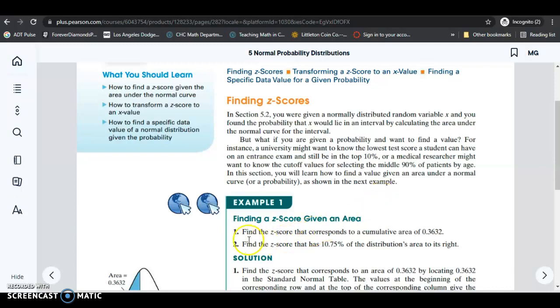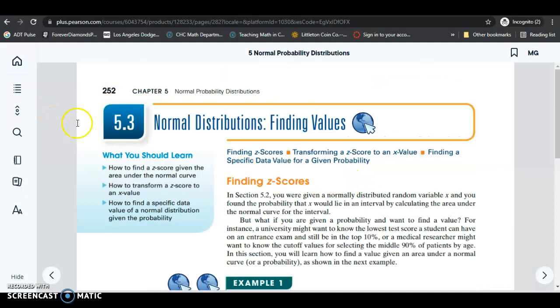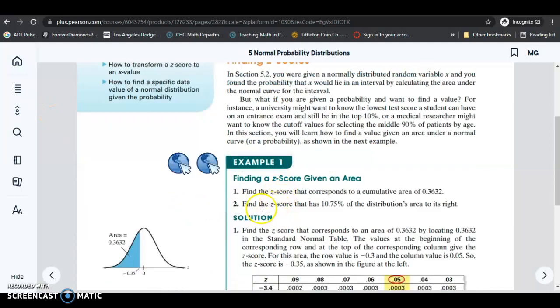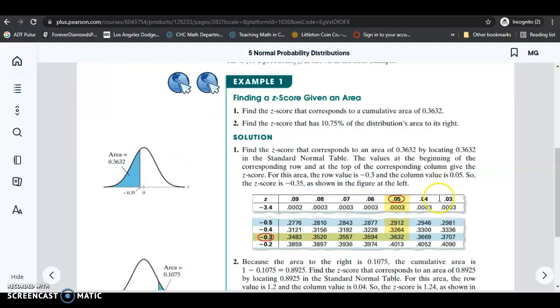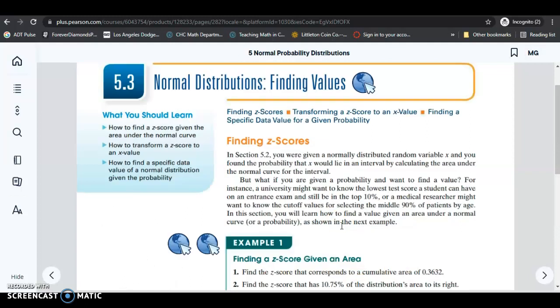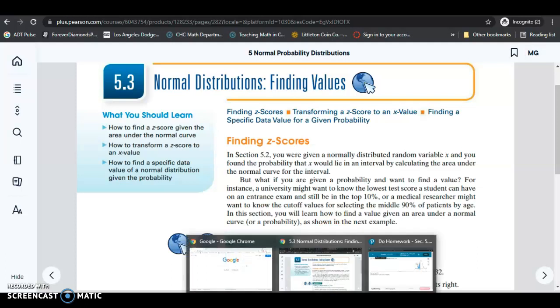In example 1 on page 252, it says that we want to find the z-score that corresponds to a cumulative area of 0.3632. They describe how to do that by using the standard normal table. We're not going to be using the table, we're going to be using the normal distribution calculator in StatCrunch. So let's go ahead and look at our first example from homework.